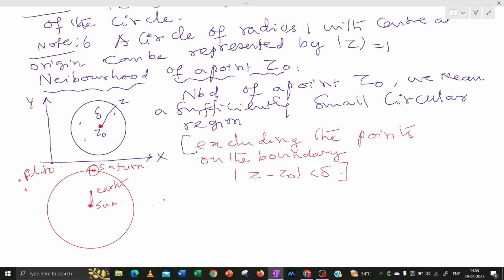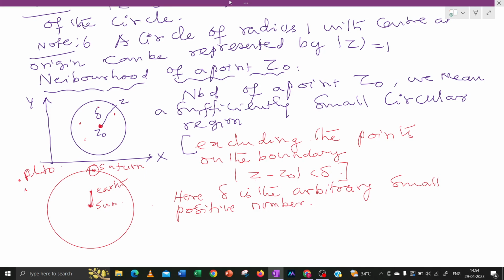Here delta is an arbitrary small positive number. Okay, fine.